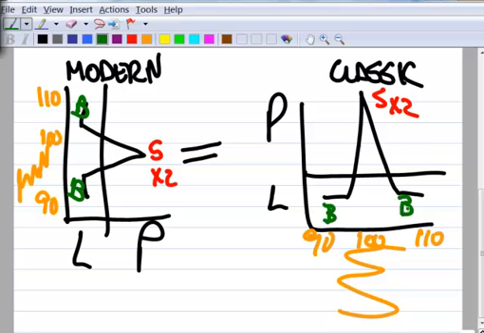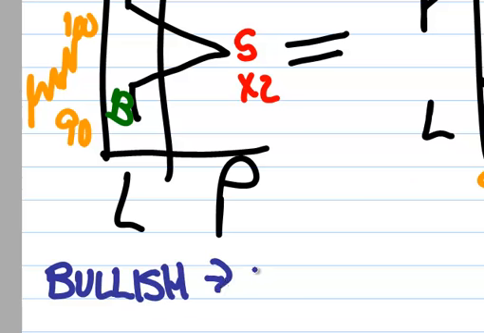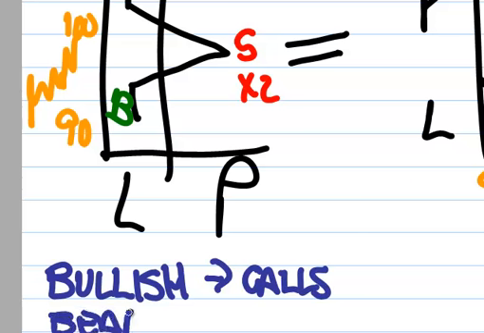Now you can do butterflies with all calls or all puts, but what we're doing is designing it to be as efficient as possible. So when you're bullish on a standard butterfly, you tend to use calls, and when you're bearish, you tend to use puts.